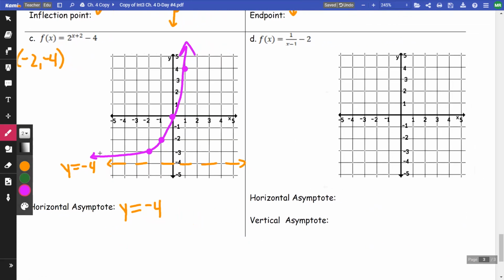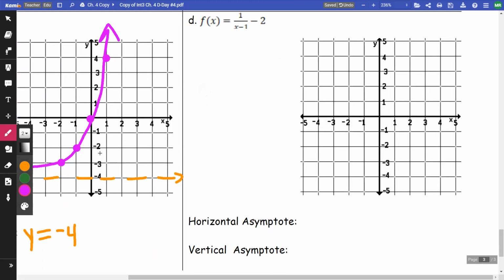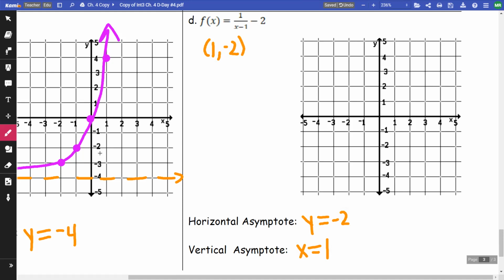On D, this is a reciprocal function. If you want to think about a locator point, 1 for my x, -2 for my y, that's going to be where my two asymptotes meet. So I have a horizontal asymptote at y equal -2. My vertical one is what makes my denominator 0, which is x equal 1.